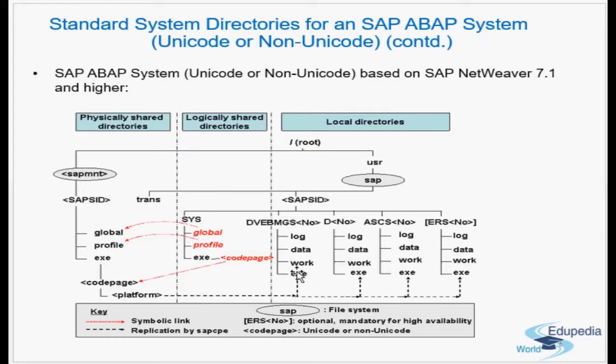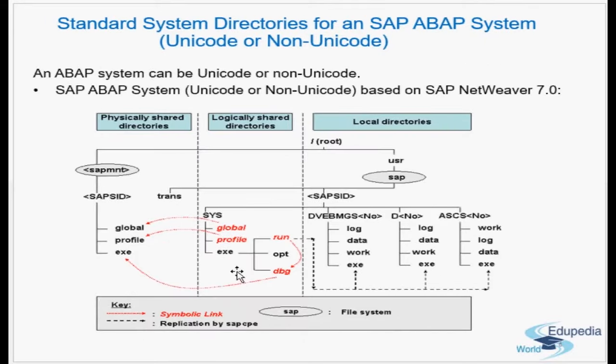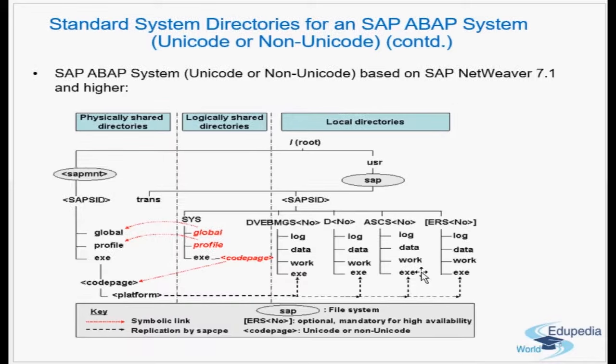Because each instance directory has exe, and that exe is always kept in sync with the physically or logically shared exe, depending upon the level. Each instance exe is always updated from the physically shared exe. It's always kept in sync.